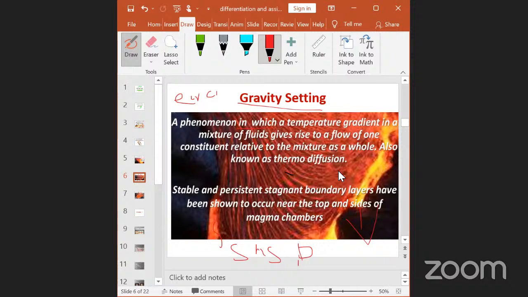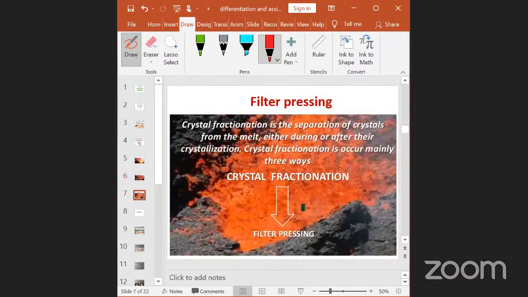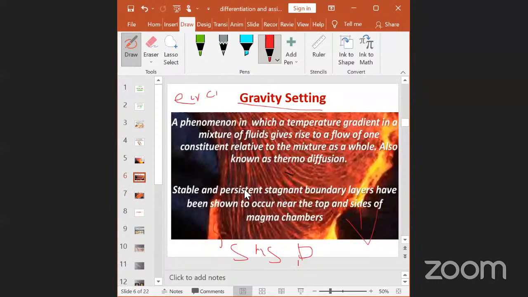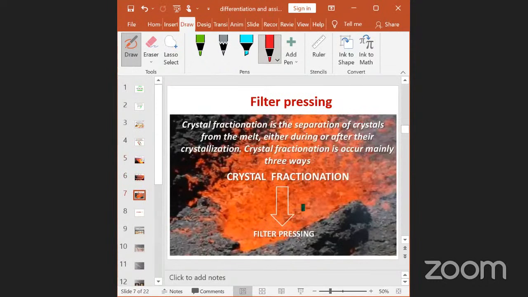So the next one is filter pressing. What is filter pressing?